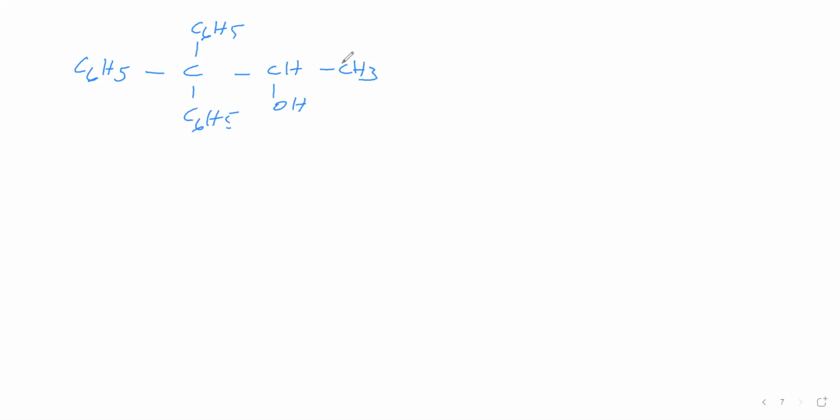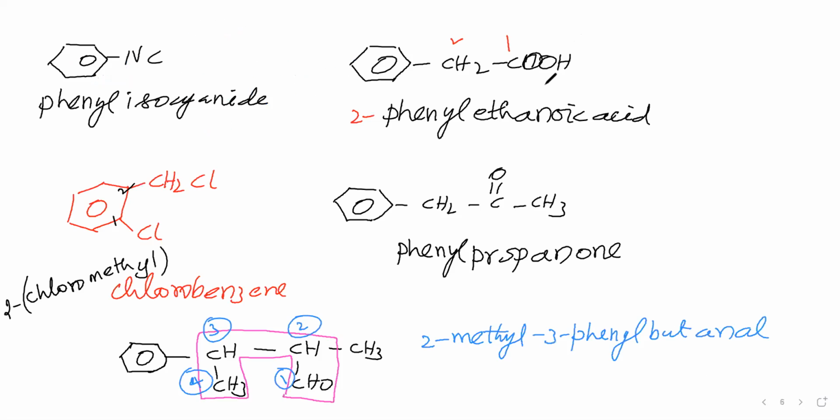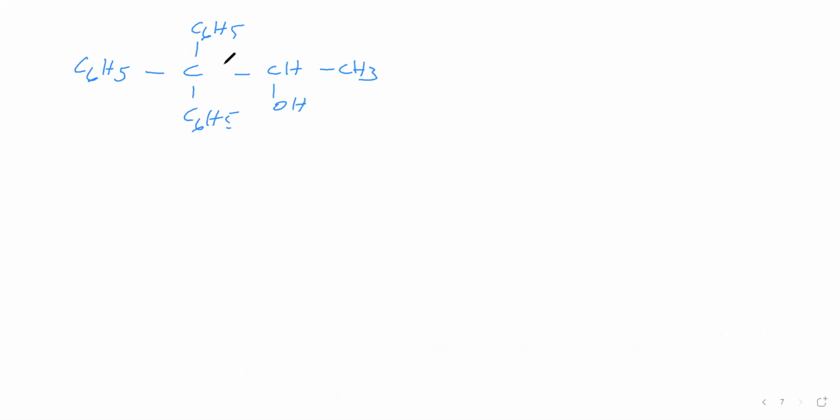Now, the name of this compound we will say here. In this compound, we have taken the parent chain as this one because aldehyde is the main functional group. Therefore, we have selected the parent chain as this one, and we said the name of the compound is so and so. Okay, next we will take another compound.